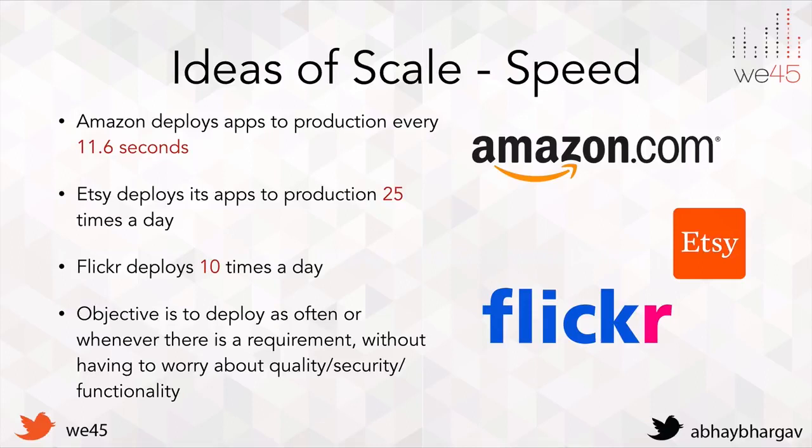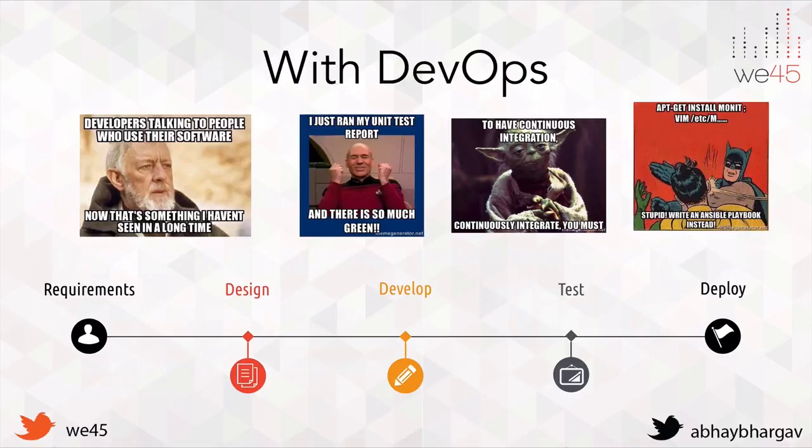This is causing a huge speed bump in the way applications are delivered to the users of these applications. So DevOps has become the way that they're doing all of this.